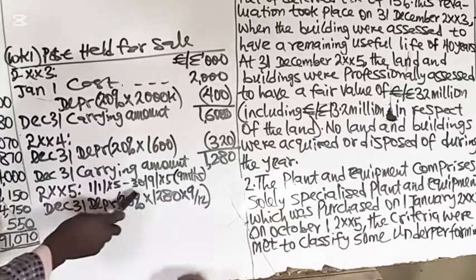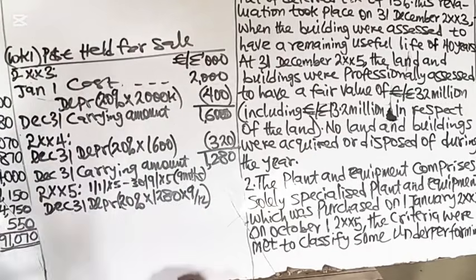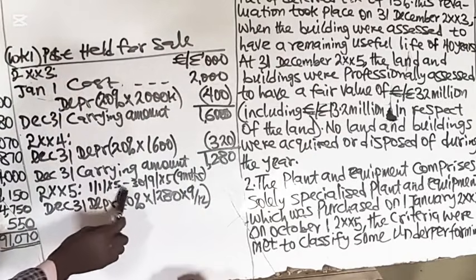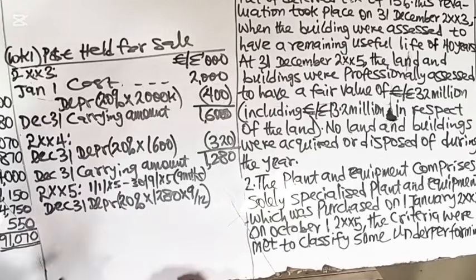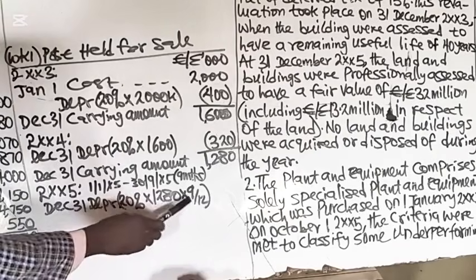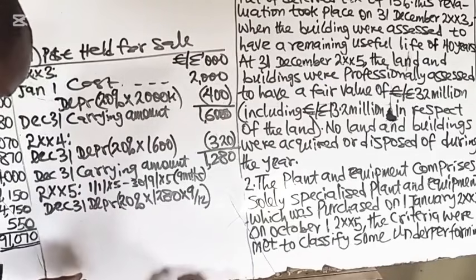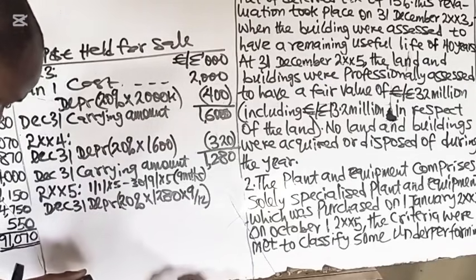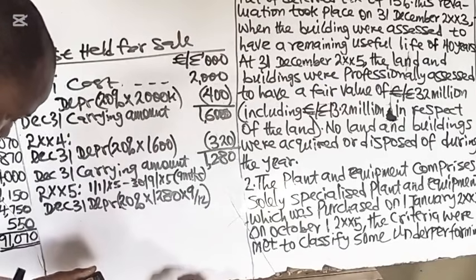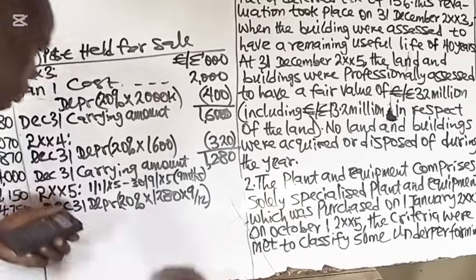So we are charging depreciation for this 9 months period since the criteria for held for sale were met on October 1st, 20X5. So that 9 months depreciation gives us 20% of 1,280 times 9 divided by 12. That gives us 192.